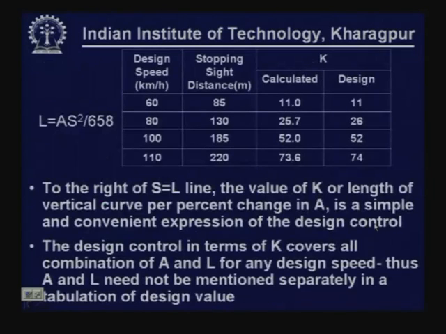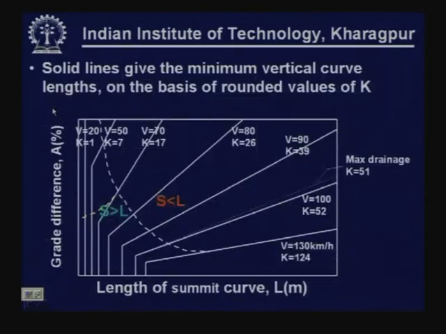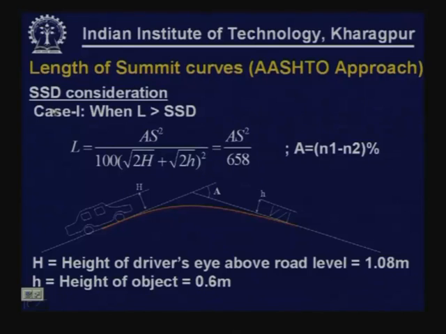Actually, we know this expression L equal to A square by 658. We have already discussed that. It is for SSD consideration, when L is greater than stopping sight distance. In that case, the length of the curve can be calculated by this simplified formula, A square by 658.